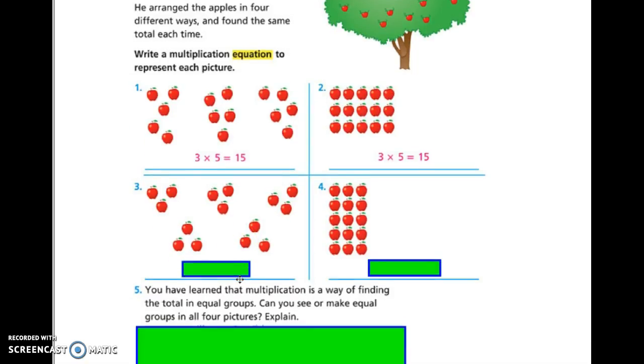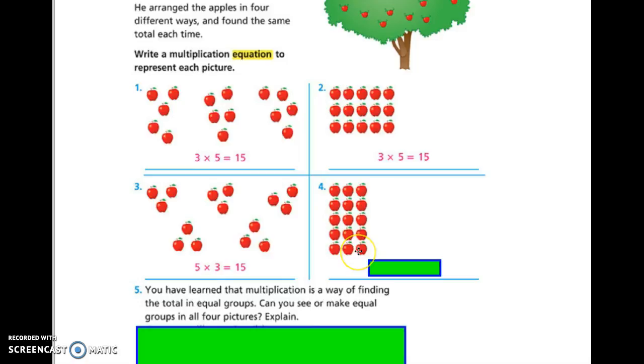Now here, he decided to divide it up a little different. Instead of having 3 equal groups, he put it into 5 equal groups, and in each of those equal groups, he put 3, right? So it's just the reverse, right? It's 5 groups times 3 apples in each group equals 15.